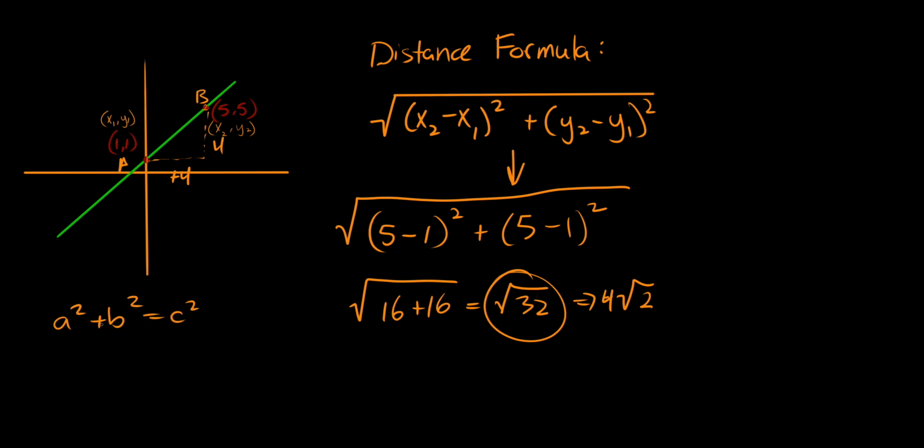So a squared would be the change in x, which is 4. 4 squared plus, oh, not 16, my bad. 4 squared plus 4 squared equals c squared. And you have 16 plus 16, 32 equals c squared. Then take the square root of both sides, and c is equal to the square root of 32, which is the same thing as 4 root 2.